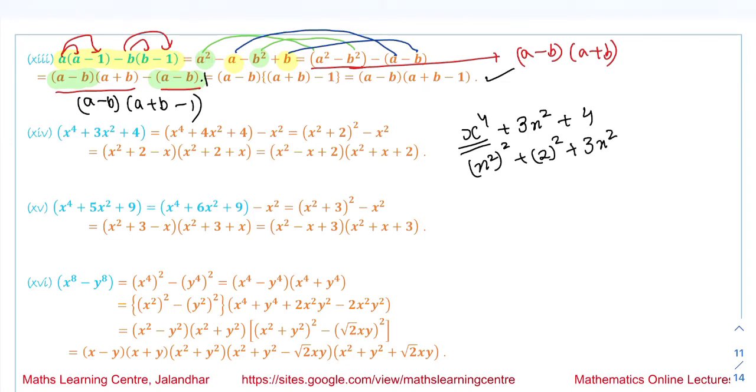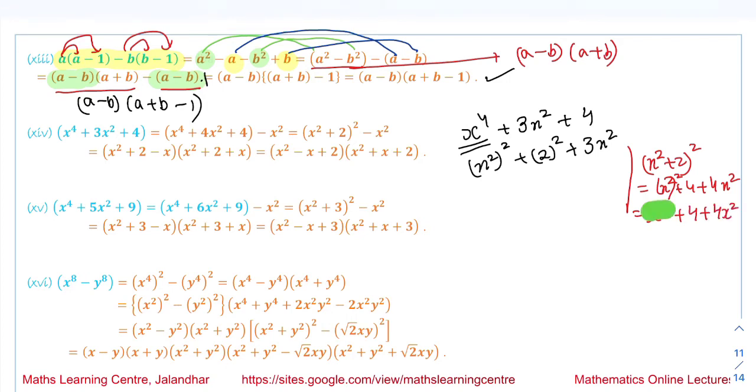So what we are going to do now is write x square plus 2 whole square, that is equal to x square plus 4 plus 4x square. So this is the term we are having over here, x square whole square. So it is x raised to the power 4 plus 4 plus 4x square.